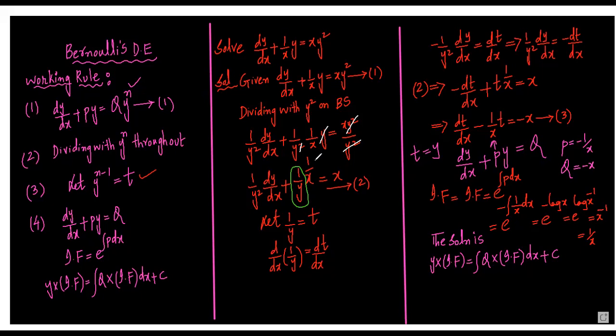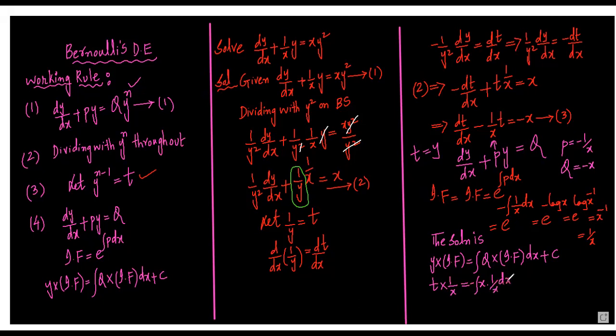Now let us continue. Here y is taken as t. So t into integrating factor, what we got, 1 by x, is equal to integral q into integrating factor dx. q is minus x, so let us take minus outside: minus x into 1 by x dx.